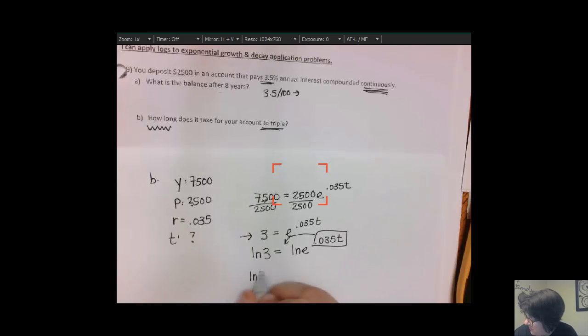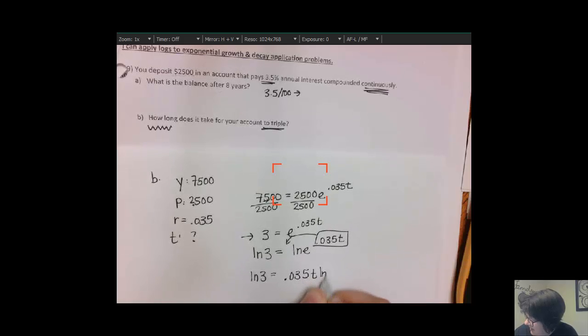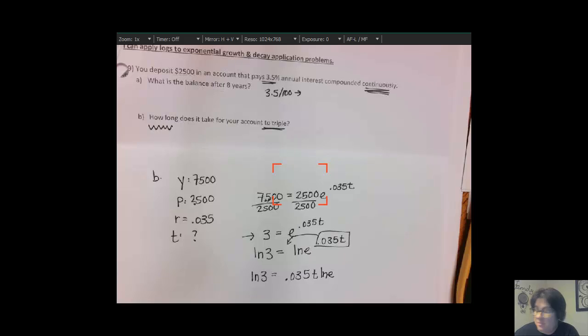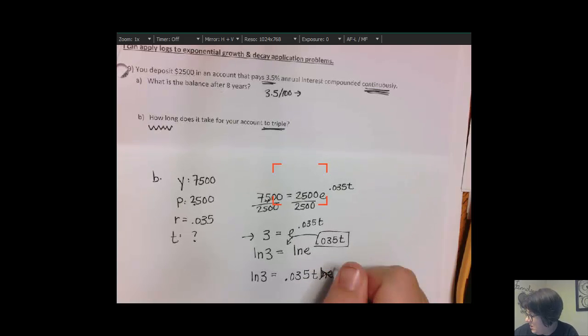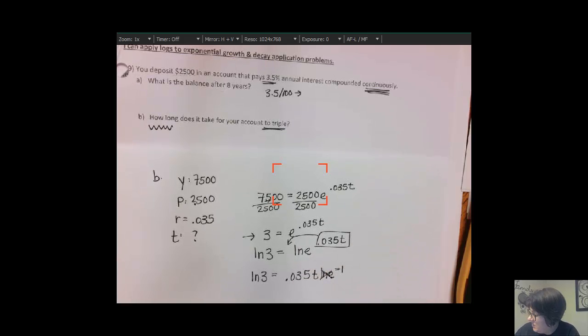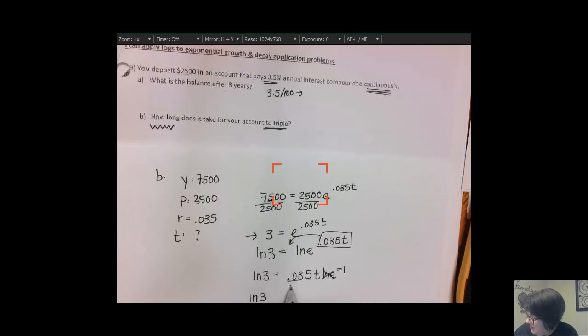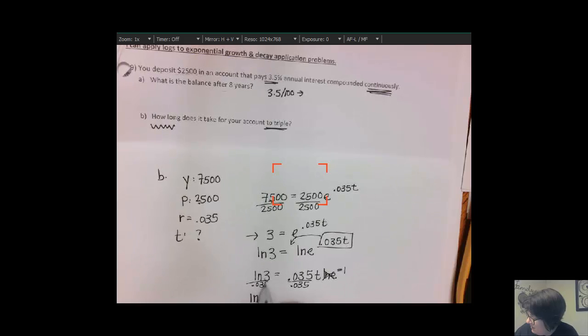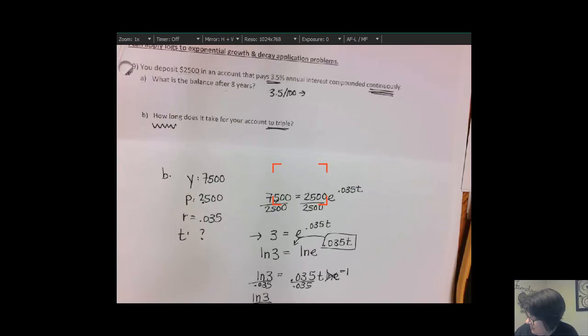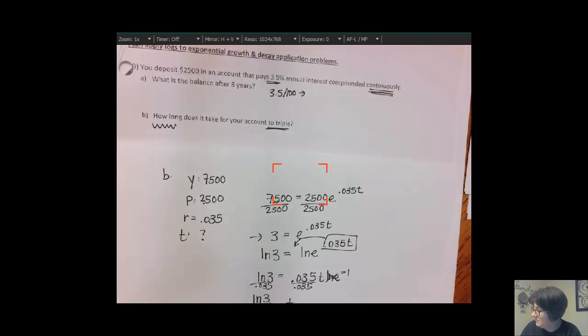So natural log of 3 equals 0.035t ln e. But the natural log of e is just 1. So then all we have to do is do the natural log of 3, divide by 0.035, and that should give you your time.